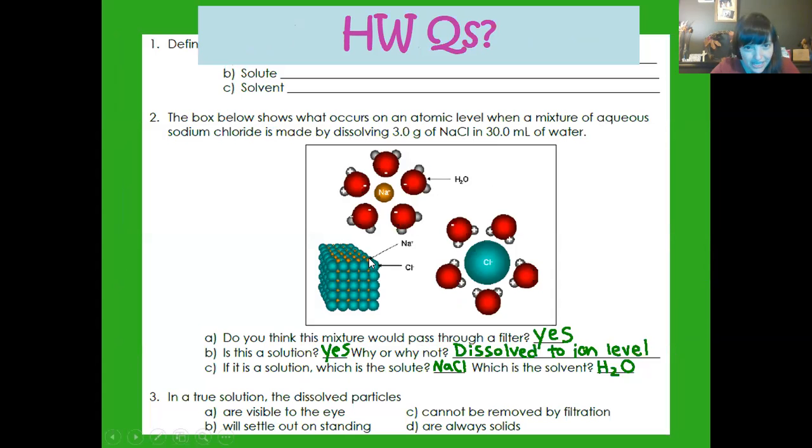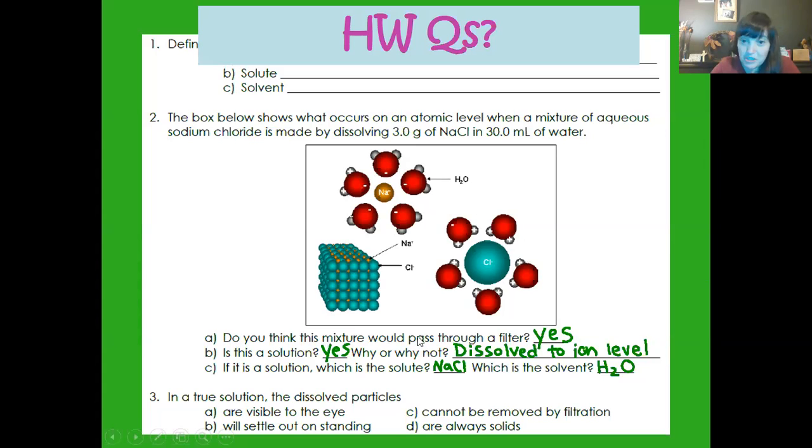Little orange thing is the Na, sodium, and the big blue one is the chlorine. We can see that when they break apart in water, the water does this sort of surrounding thing and keeps it apart from the other ion, chlorine ion, sodium ion. So these 2 ions are completely broken apart from each other. So that shows me that this is a true solution. It's dissolved down to the ionic level.